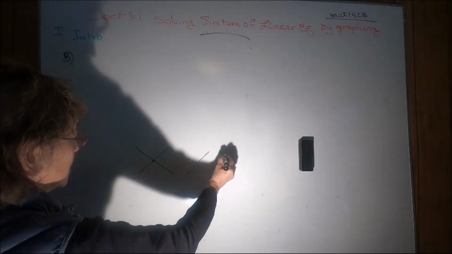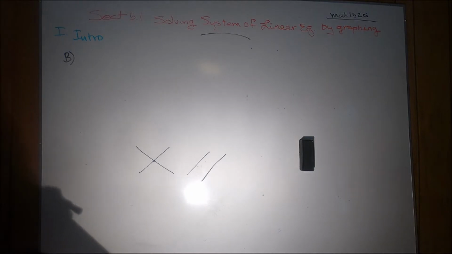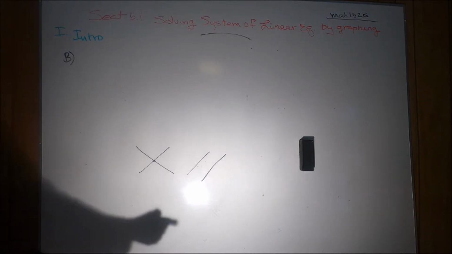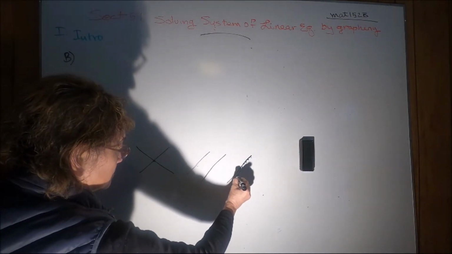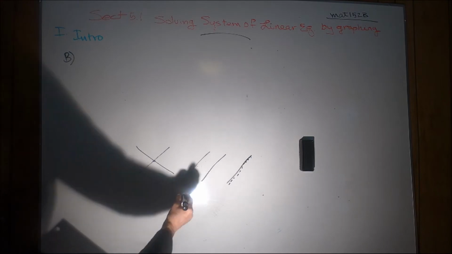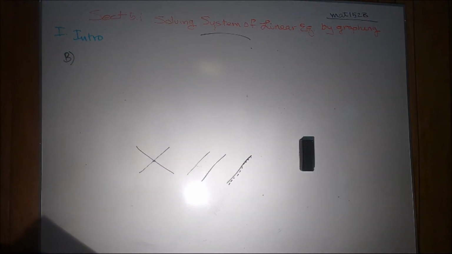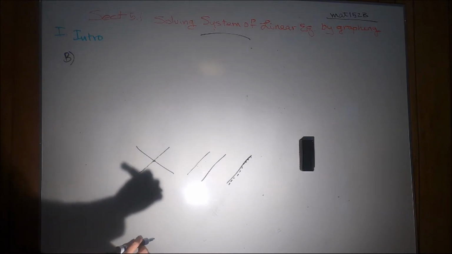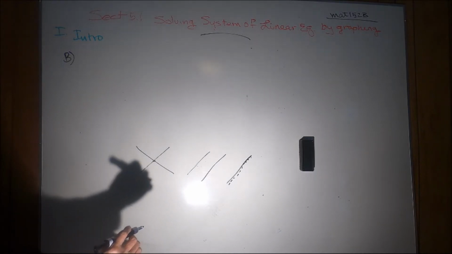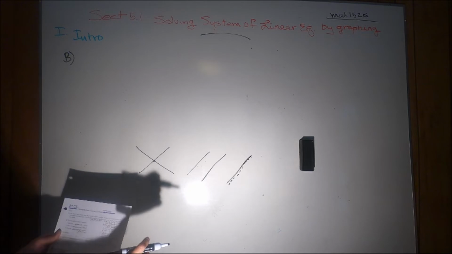If 2 lines are this way, they will never meet, right? Another one is, one line is here, another one is the same on top of each other, they meet forever. So we are going to solve where do they meet, okay, by graphing today.